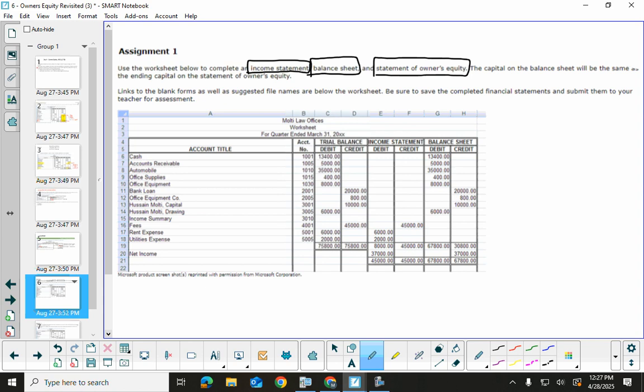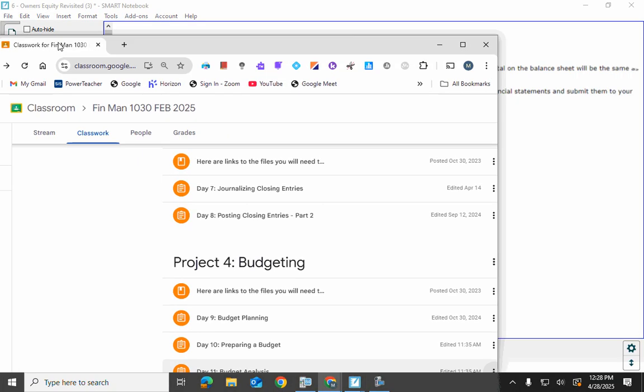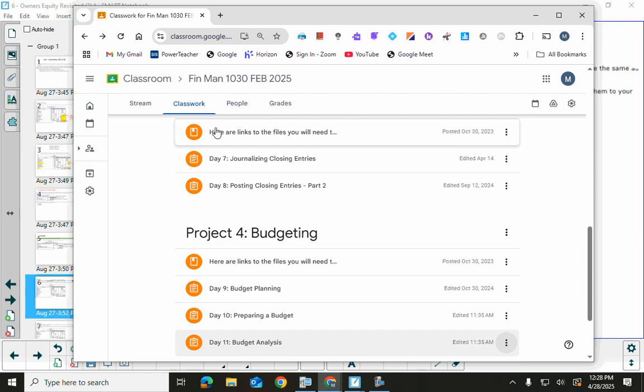So day 5 has one balance sheet. You're going to do two balance sheets, but it's the same document. Let me just pull it up for you on Google Classroom. I don't know if this is still recording or not. I think it is. So you're going to go to day 5.